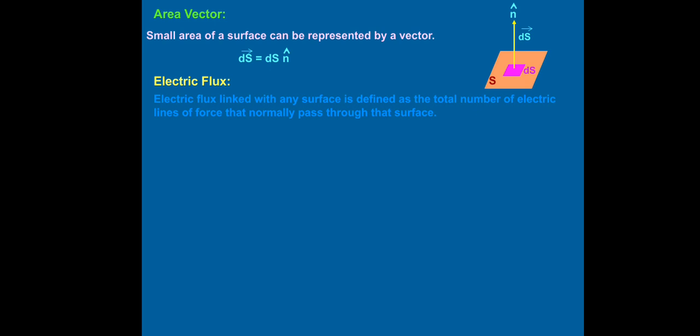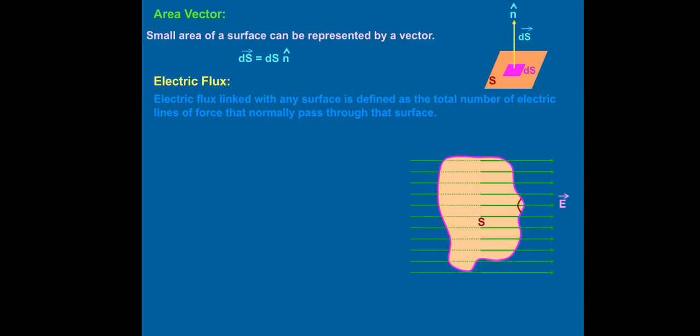So the counting of the number of electric field lines does not directly represent the electric flux. Therefore, electric flux is defined as a mathematical relation, and that relation is the dot product of electric field and area.